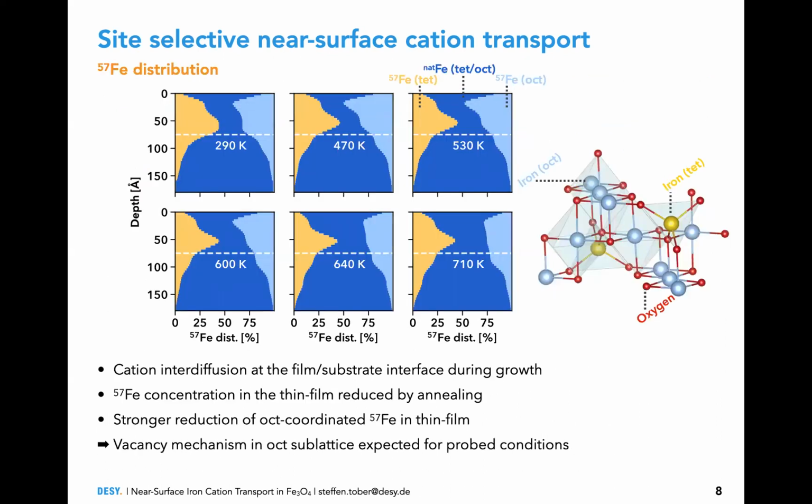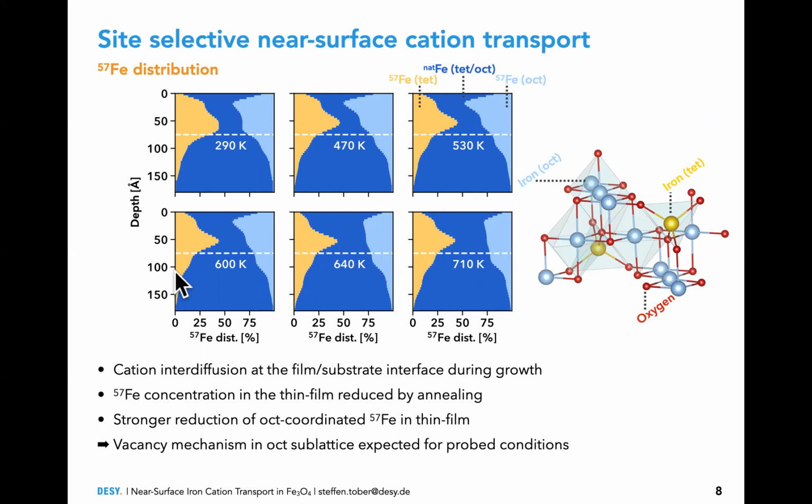And fitting all these data together gives us site-selective iron-57 distribution profiles. And we can clearly see that there is a trend of iron-57 to diffuse to the bulk, already starting at 470 Kelvin. And it also shows that most of the change is here in the light blue octahedral sublattice, while the tetrahedral sublattice shown in yellow basically stays constant.